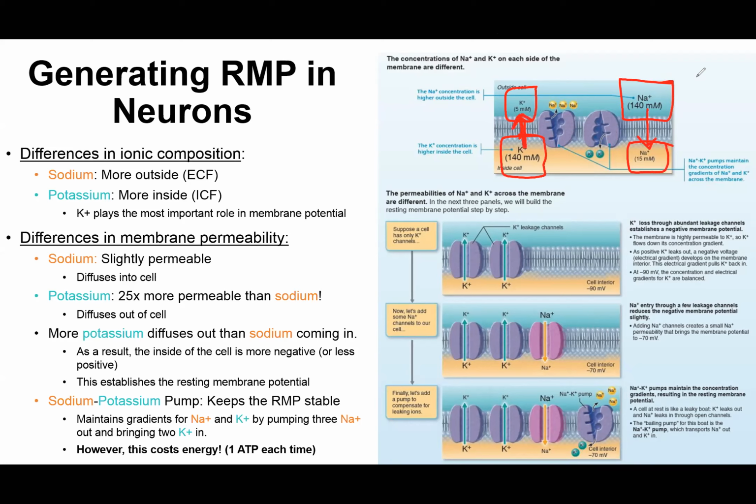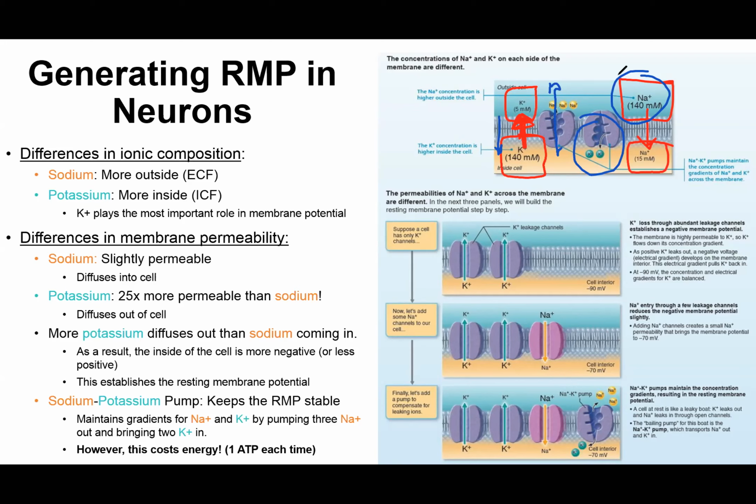This is a diffusion type situation. However, with the sodium potassium pump, we are moving sodium against its concentration gradient. We're pushing people into a crowded gym that don't necessarily want to go in there, but we're pushing them anyways. And we're doing the exact same thing with potassium. We're moving it against its concentration gradient.